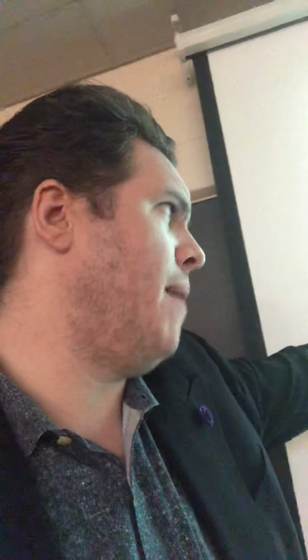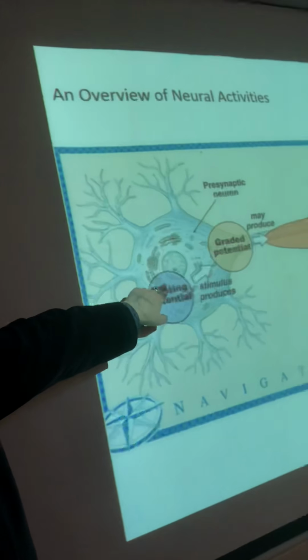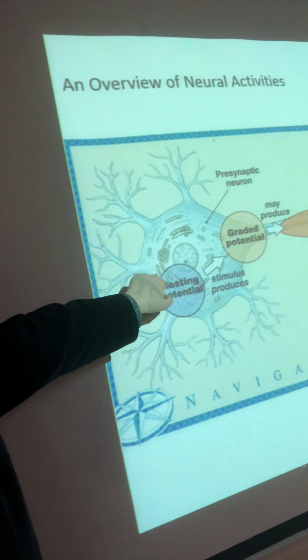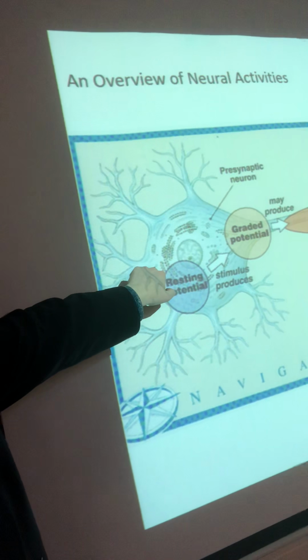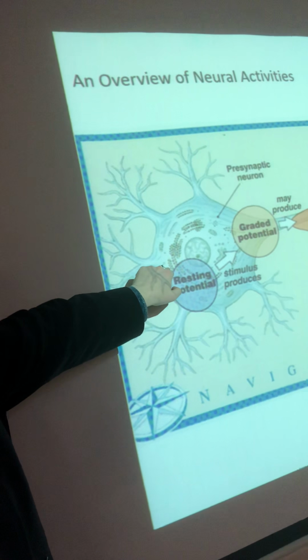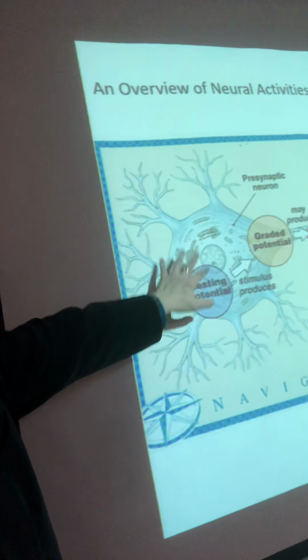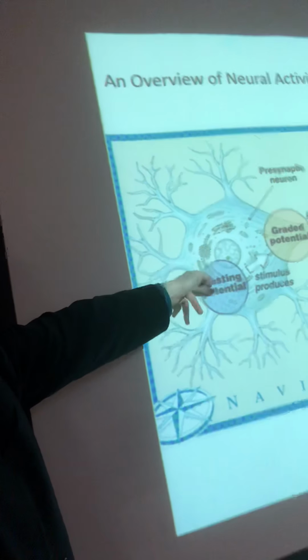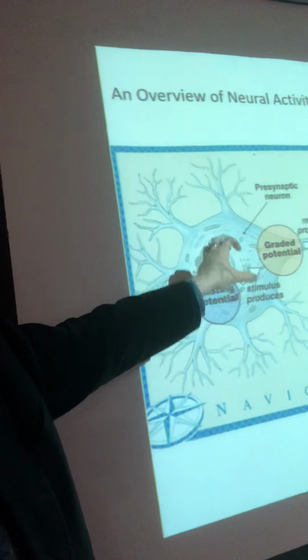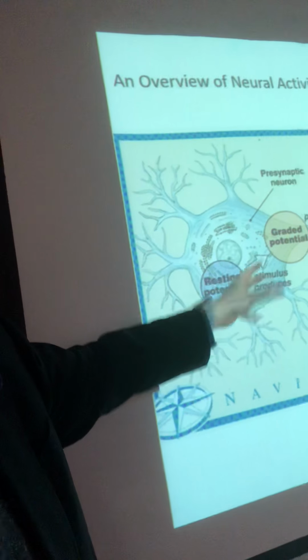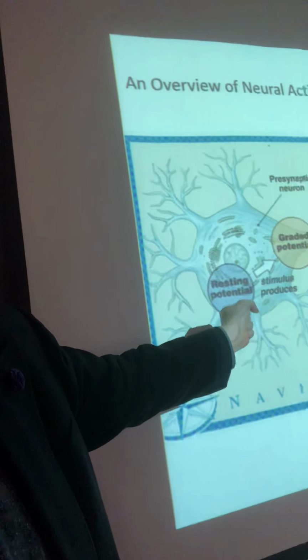So what happens is a presynaptic terminal might hit this part of the cell body. Let's say that it hits a certain part of the cell body and it causes a certain element to go in the cell, making it more positive or more negative.